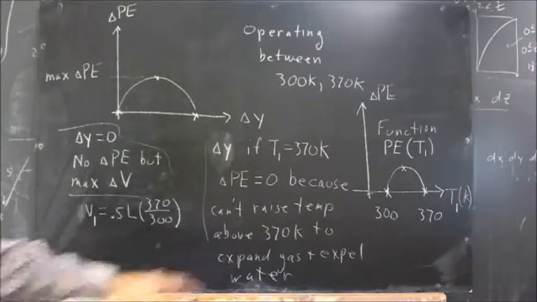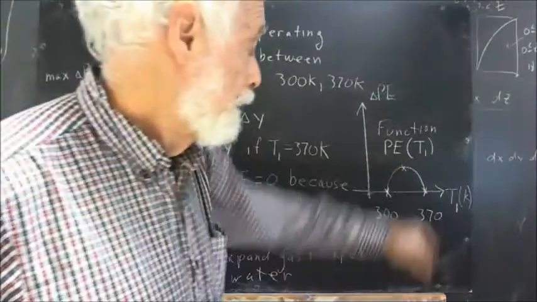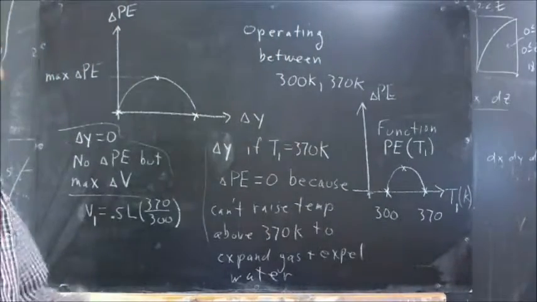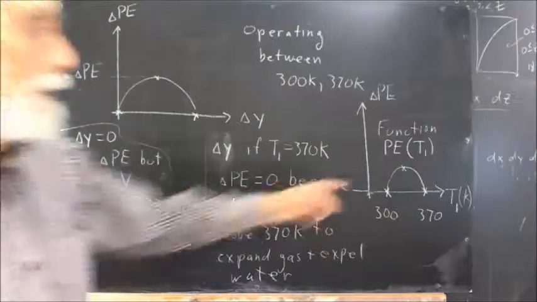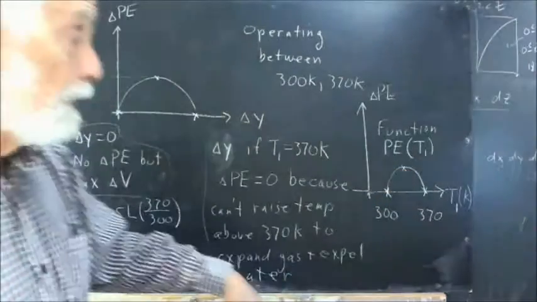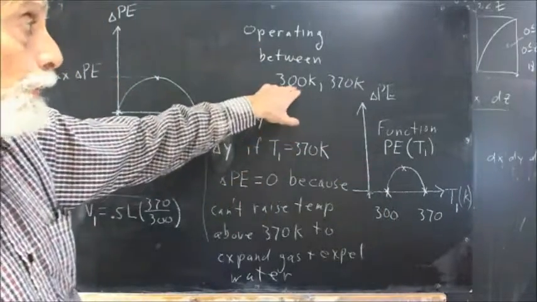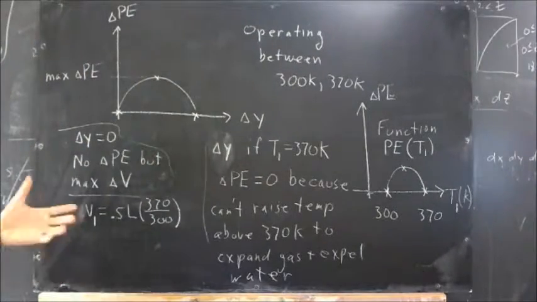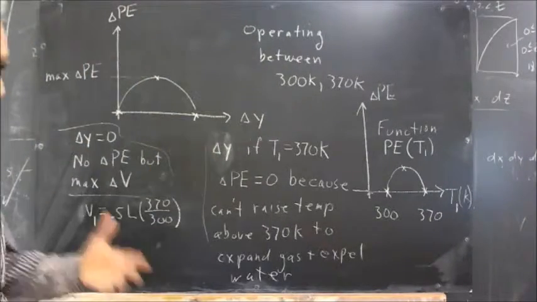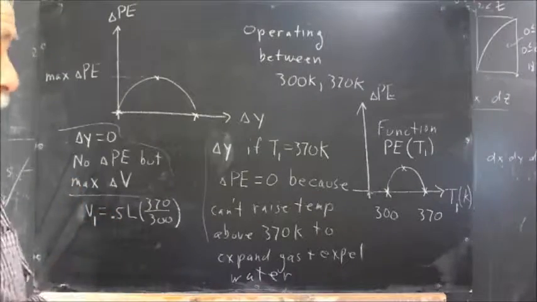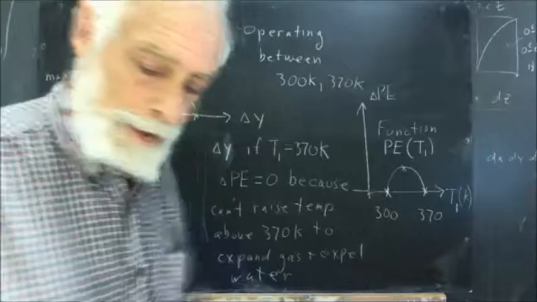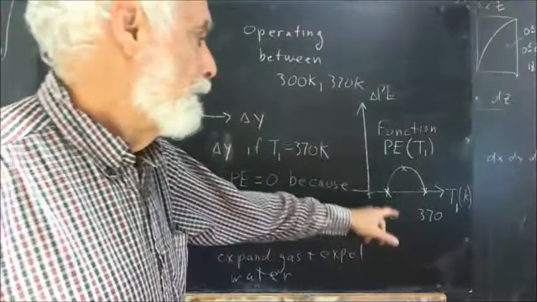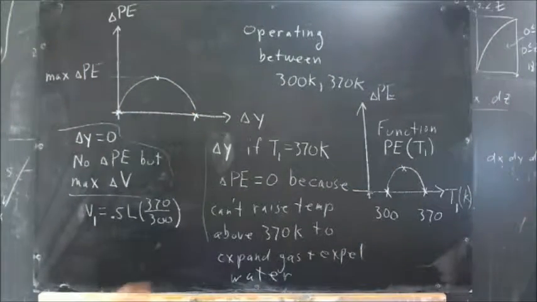So we have this situation, we have the mystery of what's this potential energy function, but if we follow these steps in the analysis that we just did with numbers and do it with symbols, including probably symbols for the 300 and 370 K, Tmin, Tmax, and leaving the volume as a variable, we're going to get a function that we could apply to any such heat engine and figure out how to maximize the temperature, the PE as a function of temperature, and then see if that mimics what happens when we actually do this in a lab.